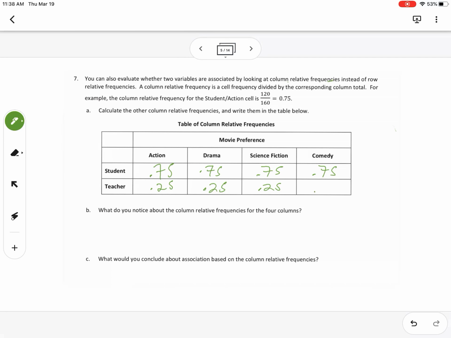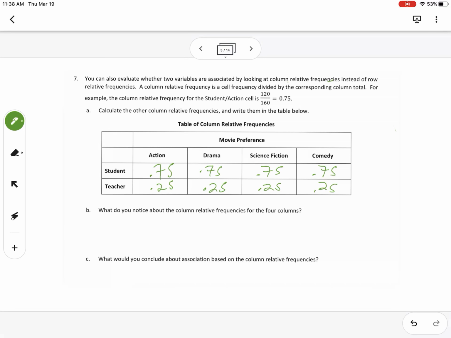And hopefully you're noticing as I'm writing, I got the same answer for all of these. So what happened with row frequency was that all the answers matched up. Now with column frequencies, the answers are matching up. And what that shows you is this is happening because those were all originally proportional answers.